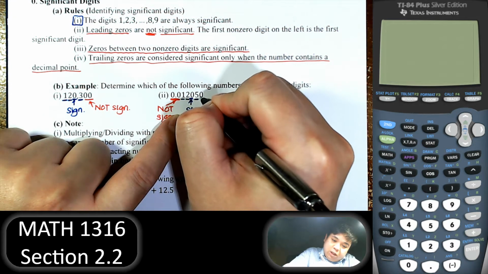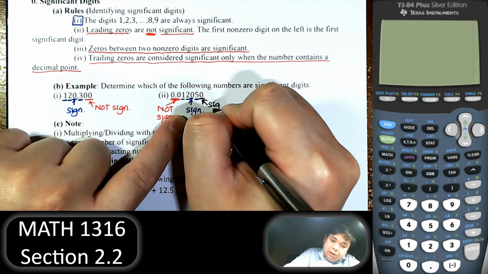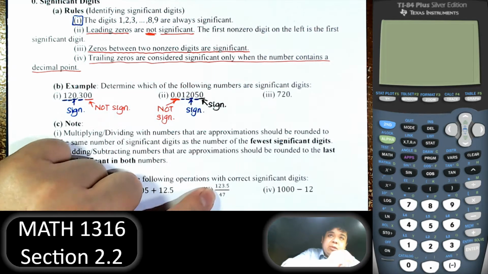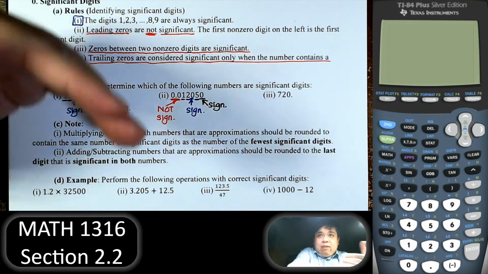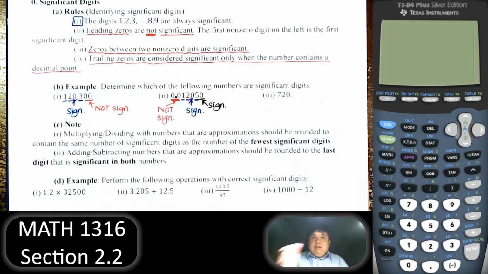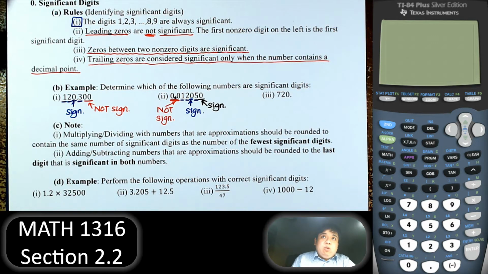This one is also significant, because after the decimal point, that 0 is significant. Any trailing 0 with the presence of the decimal point is significant.